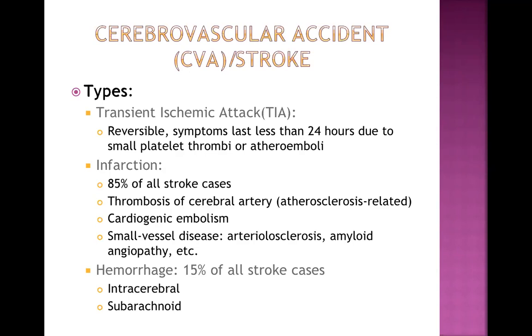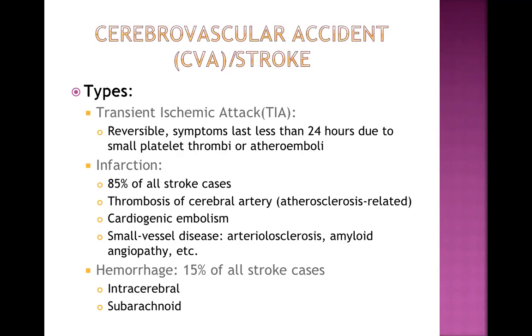Means everything comes back to normal within 24 hours. So this is a reversible type of condition. And this occurs because of small thrombi or atheroemboli, which are blocking a very small blood vessel inside the brain, and they clear by themselves.